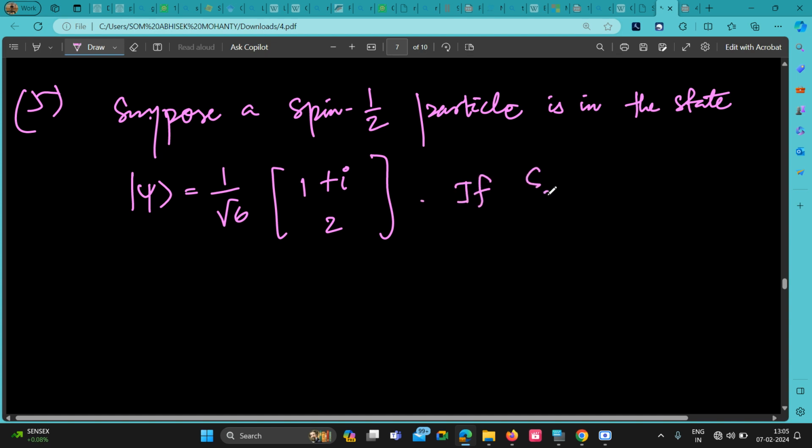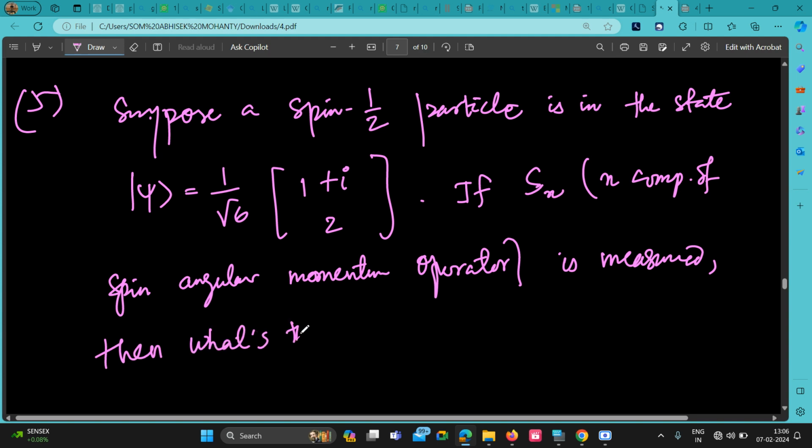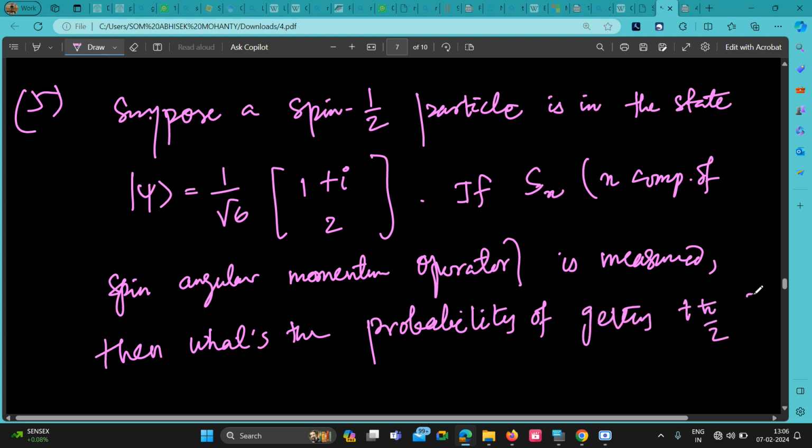If Sx, the x component of spin angular momentum operator, is measured, then what is the probability of getting plus h cross by 2?